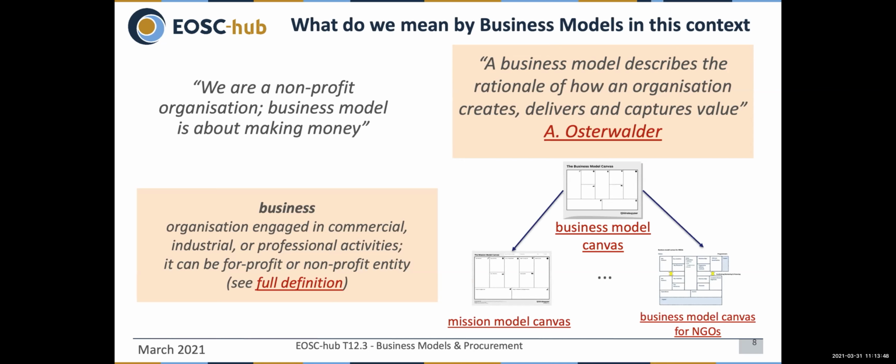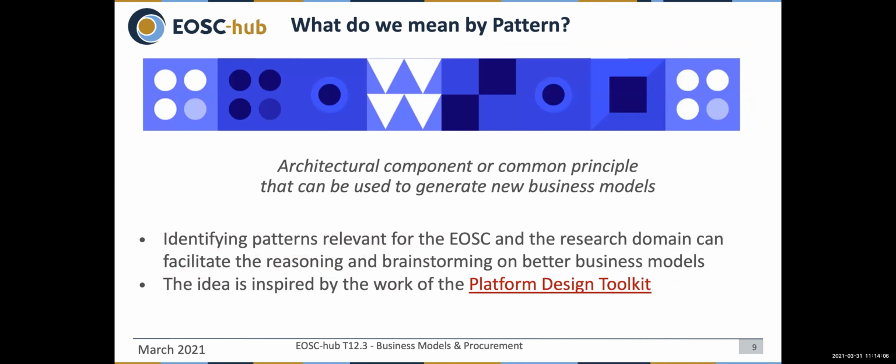I'll just give you 2 examples here. On the left-hand side, you find the mission model canvas for mission-oriented organizations. And on the right-hand side, you find another work on business model canvas for NGOs. So that's to say that the 2 concepts are quite compatible.